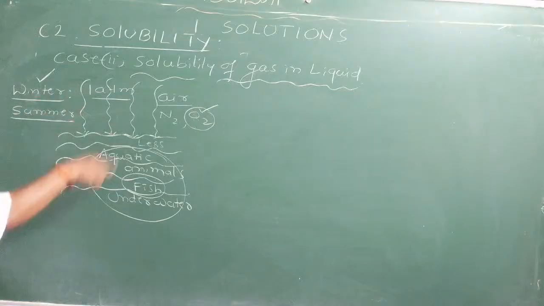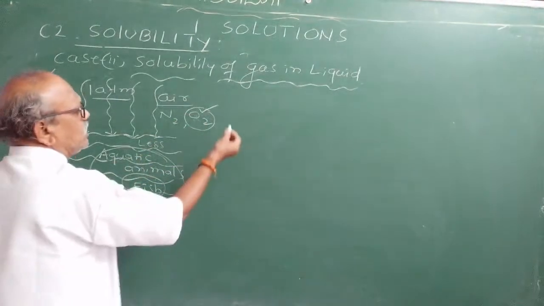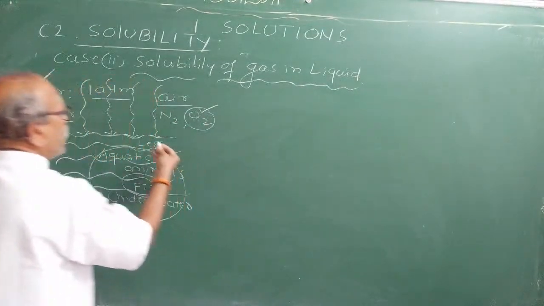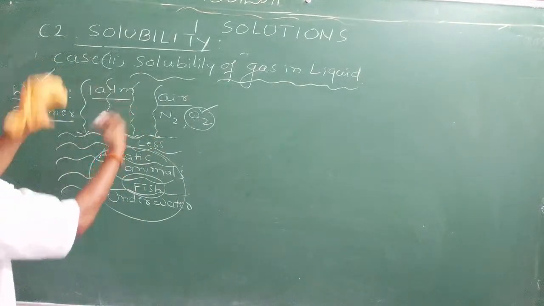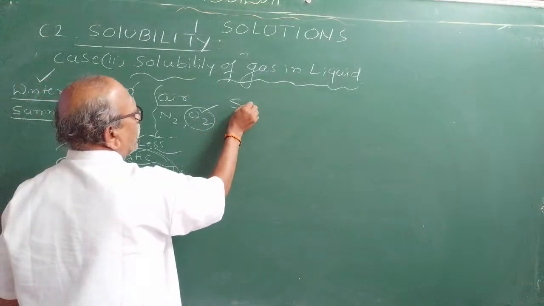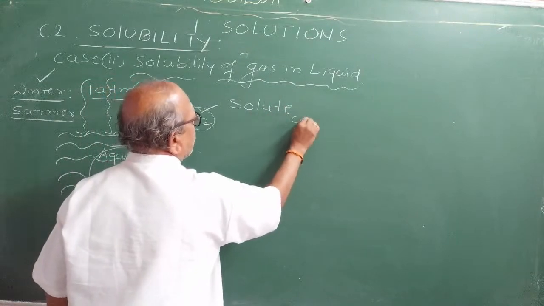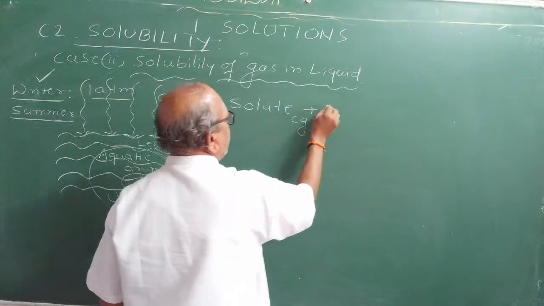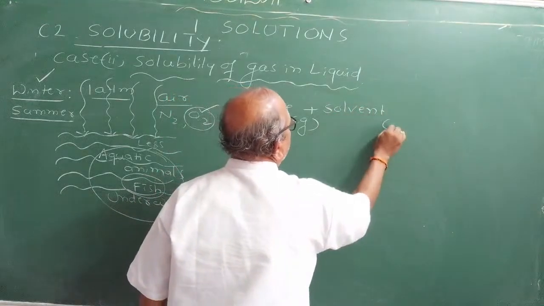What is the summary of it? This is the practical thing. And for this dissolution of oxygen, dissolution and evaporation will be taking place, and I can write the equation now. Here the solute is a gas, plus the solvent is liquid.